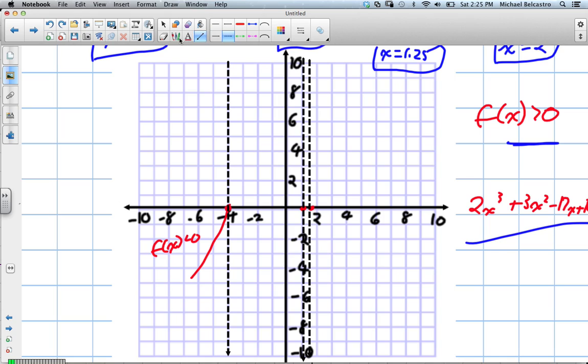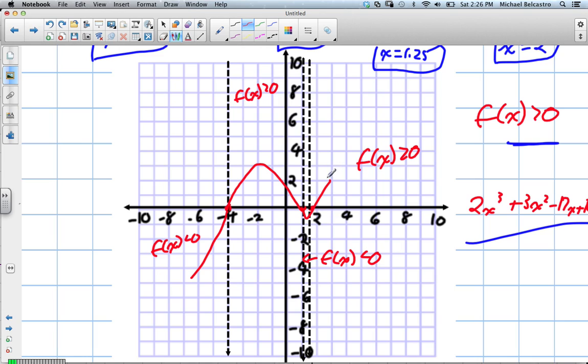Here f at x was greater than 0. So we know it does something like this. And then because it's negative down here, we know this is an x-intercept. It comes down, and then it comes up again, because here f at x was greater than 0 again. And then in this small area, f at x was less than 0, okay? And then it continues on like this, right?